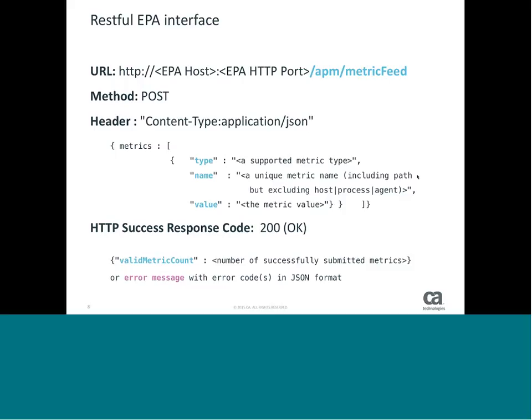And you get an HTTP response code 200 OK if everything was received correctly, and you get a JSON reply with the valid metric count and with error messages and error codes in JSON format. And there's an article on the developer community site that gives you more information about the RESTful EPA interface.